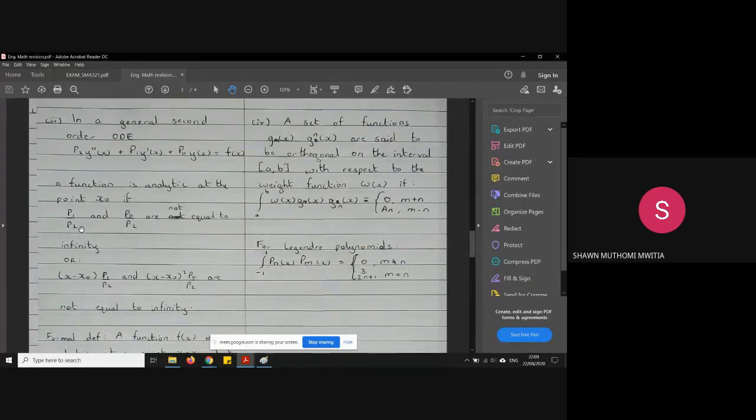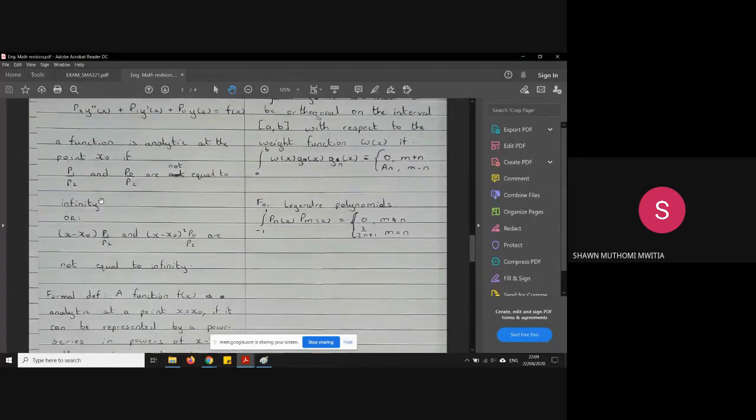we saw that for the note, which part was this? This part where we are just showing the format of a general second order ODE, we said that a function would be analytic at the point x naught if p1 over p2 and p naught over p2 are not equal to infinity. This is the first case.